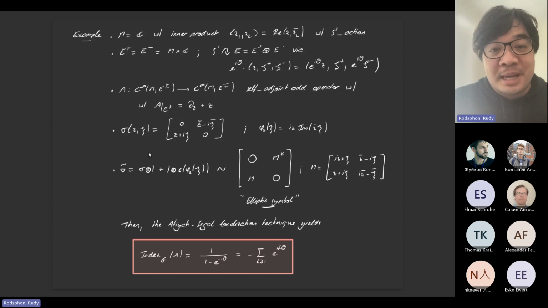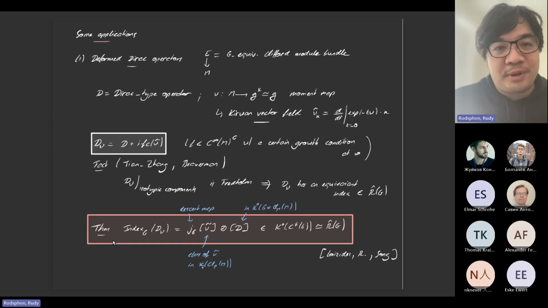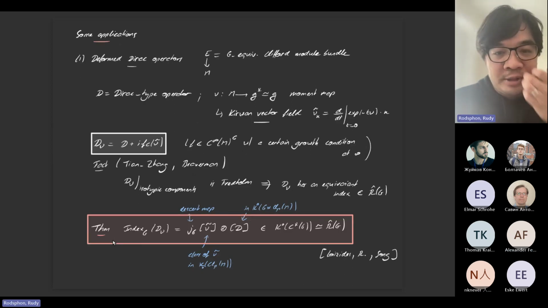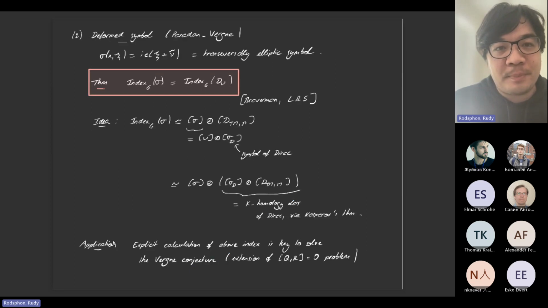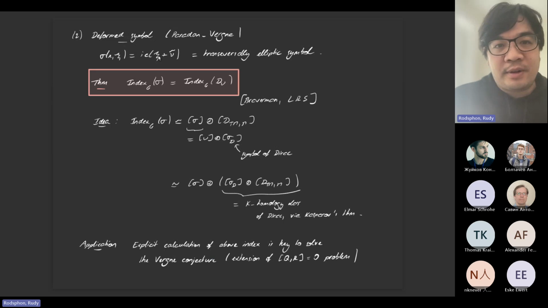Here I have a little example on the circle action, but I won't have time, I think. But there are other things you can do. I'm giving here an example of a transverse operator, and I'll try to wrap up with this.